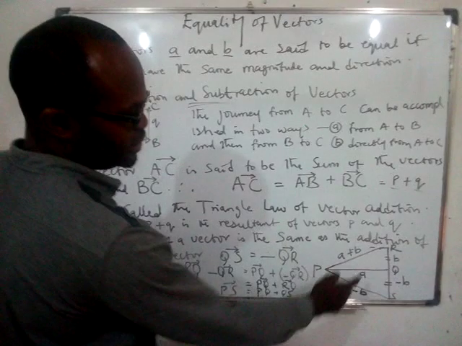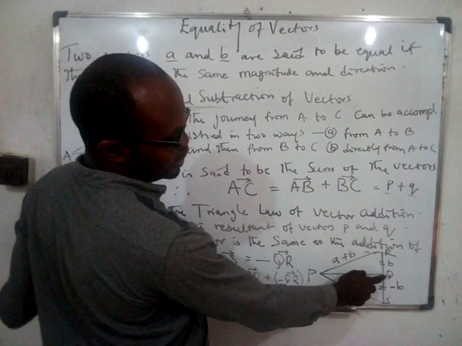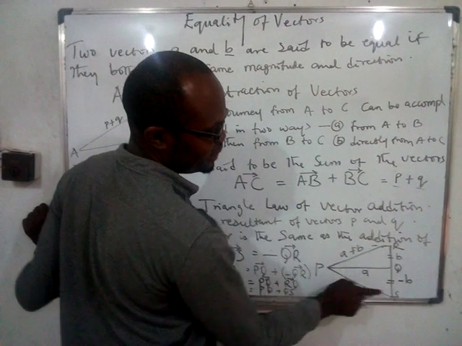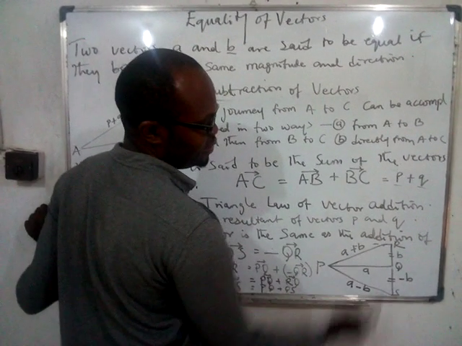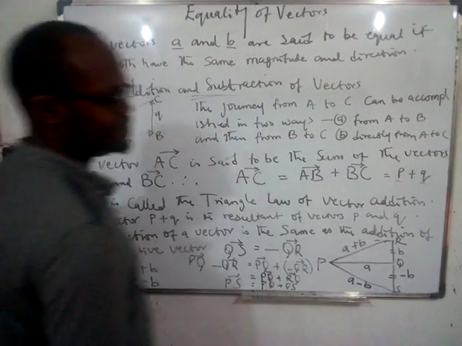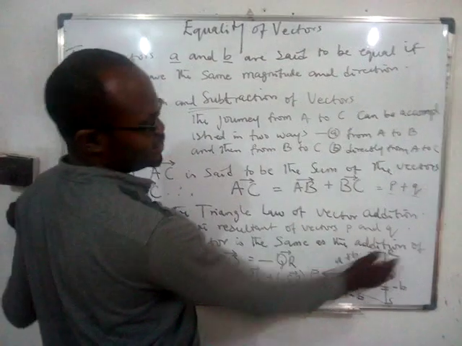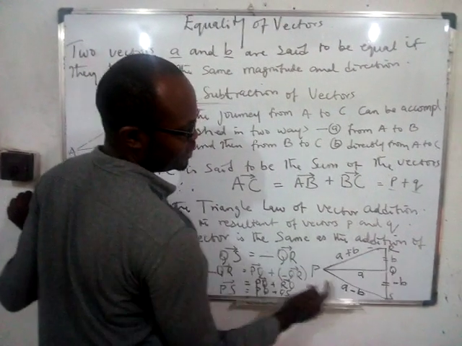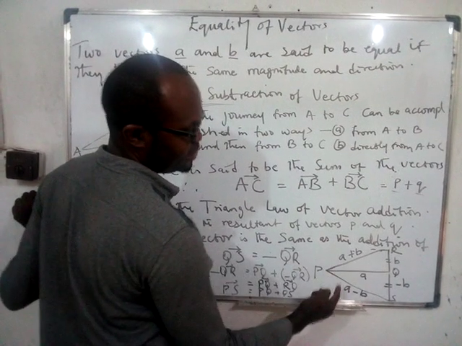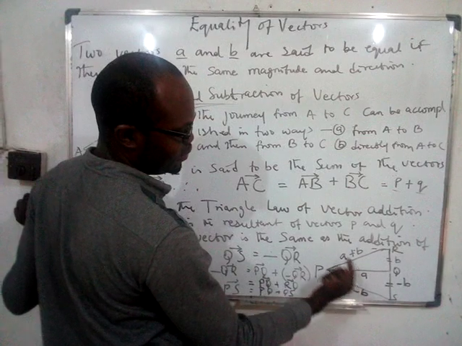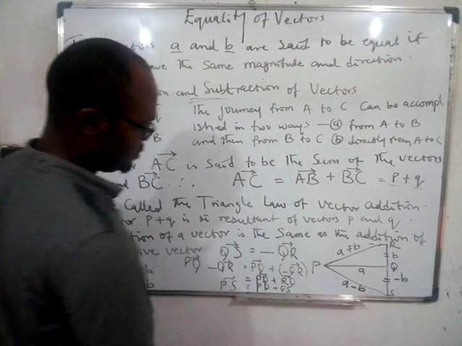So let's say you see this vector QR. The negative of this vector QR is QS, because QR is B and QS is minus B. If you're using the addition law here, you can say that A plus B is equal to AB, so PQ plus QR is equal to PR.